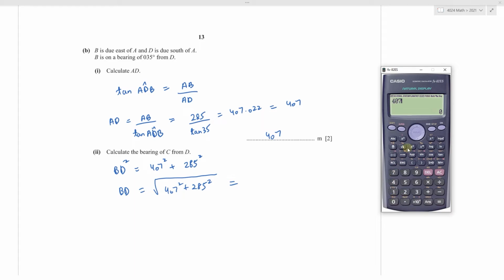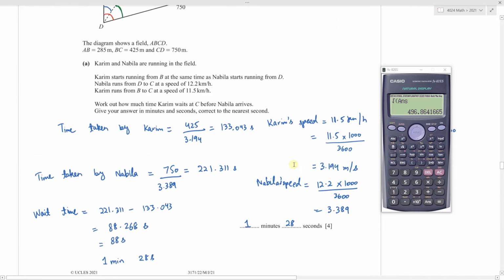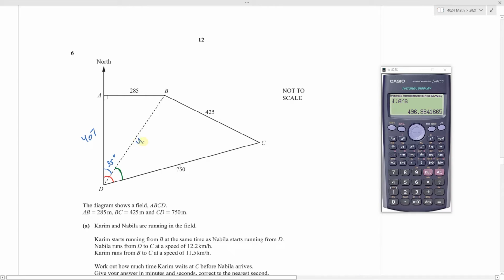So 407 square plus 285 square, and then square root. So this is 496.86 meters.